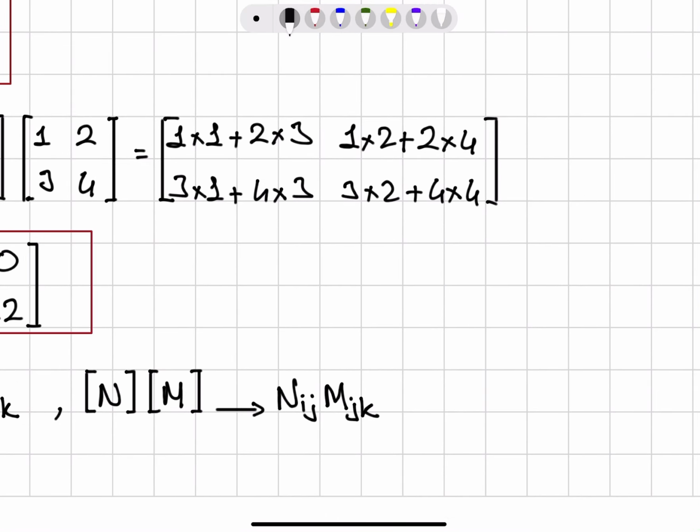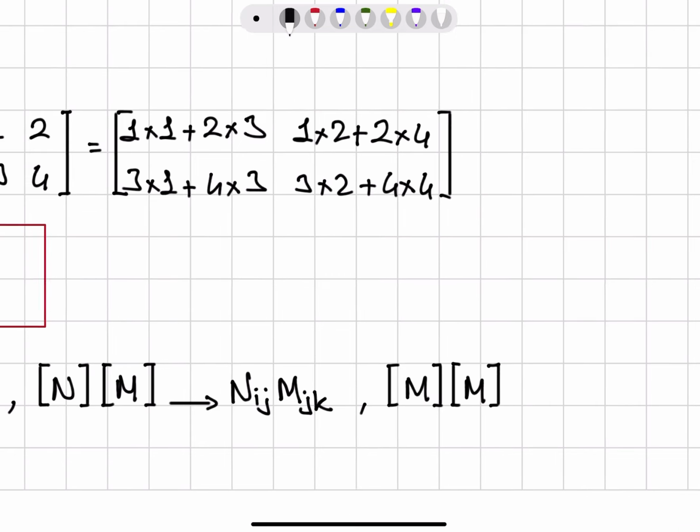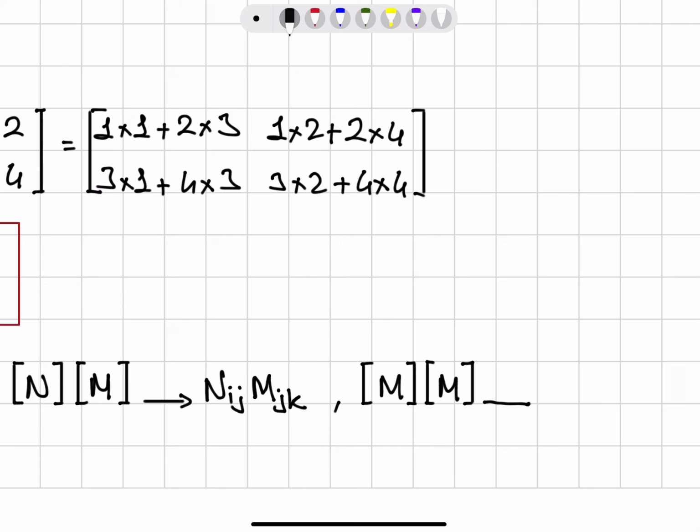And finally, if I want to write the M matrix multiplied with the M matrix, this has a representation in subscript summation notation very similar to the previous cases.